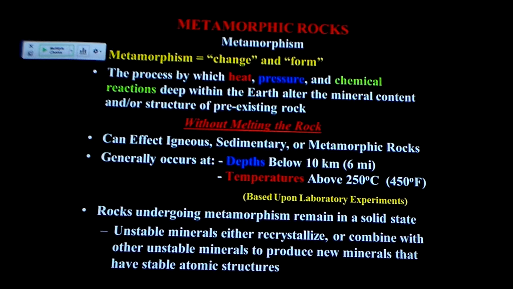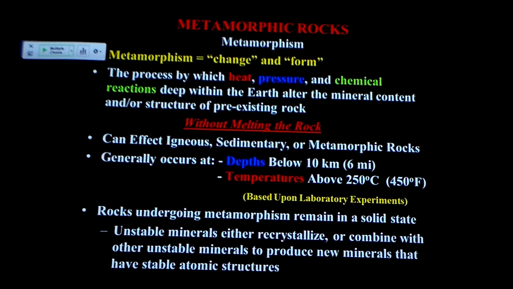Now remember, we are going to raise temperatures, but we can't raise them too much or else we're going to melt the rock. And if we melt the rock, what have we done in the rock cycle? We're back to igneous, aren't we? So we don't want to take it quite that far. So we want to get it up there to where the temperatures will cause chemical reactions and change, but not enough to melt the material, completely disassociate it.